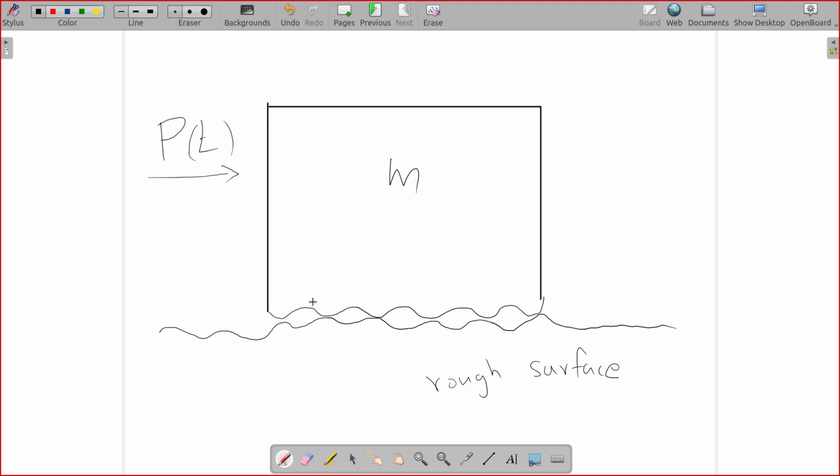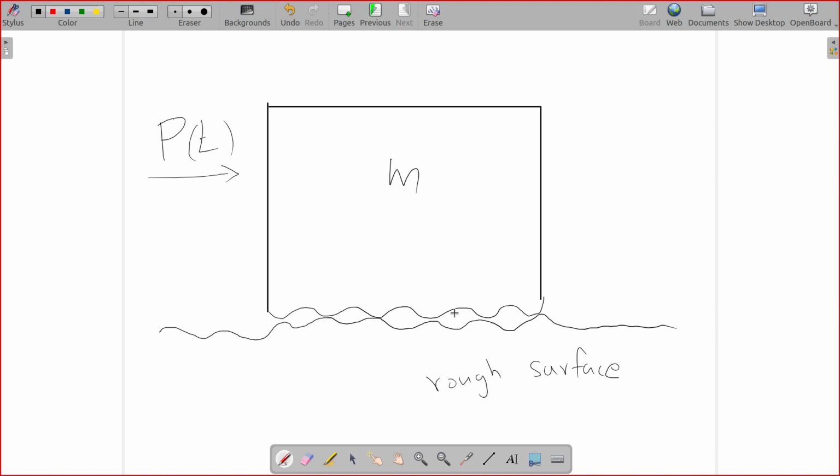So if you zoom into the surface between an object and the ground, at this contact point you will have all these irregularities. It won't be a continuous line. These are not very large irregularities which you can see with the eyes.